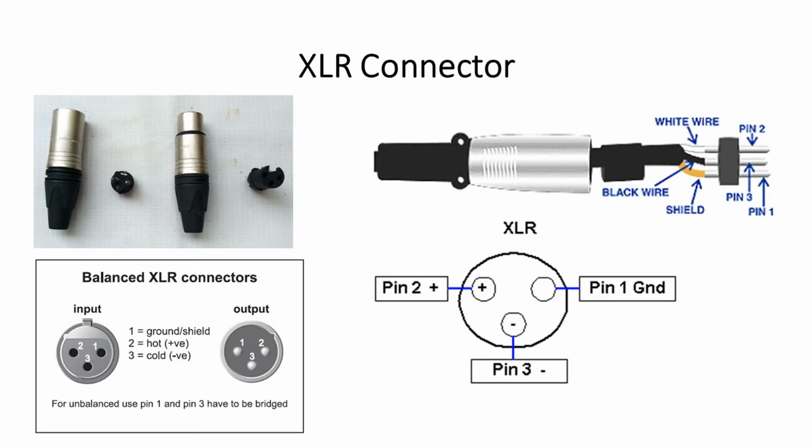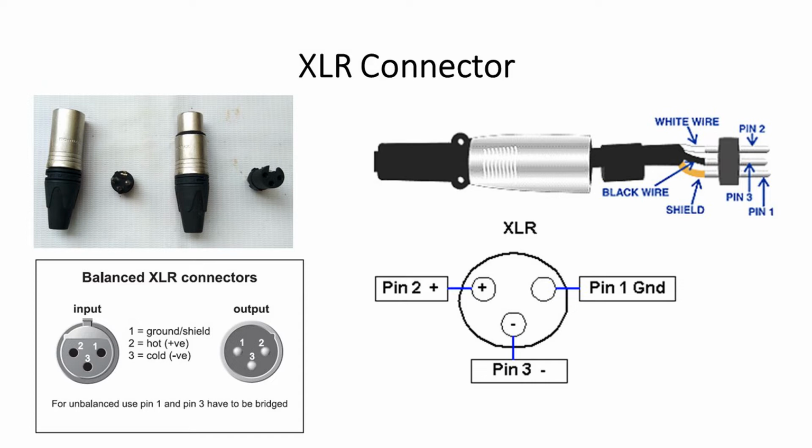an XLR connector utilizes this technique, wherein if you follow the designation for the pin for the ground, pin for the hot, and pin for the cold, the in-phase and the out-of-phase, it will help you in isolating and preventing the noise in the system from being transferred to the next stage of your process.